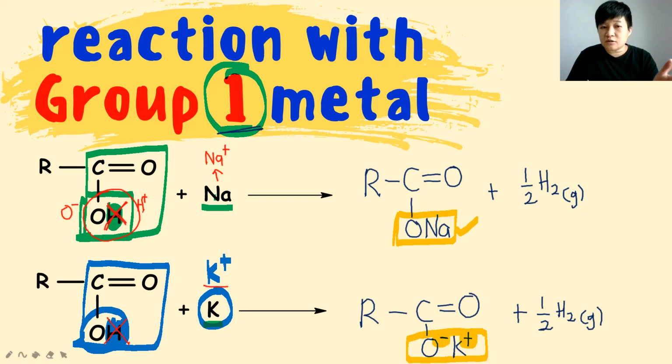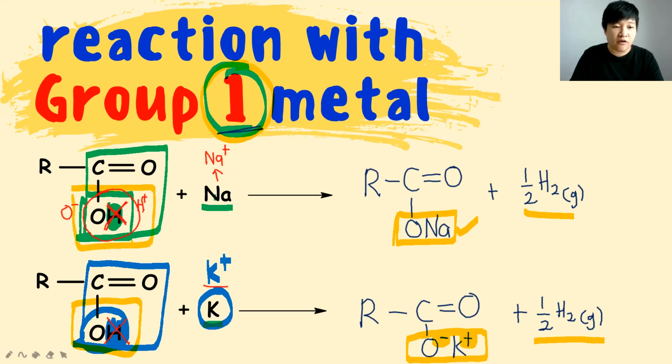But if you decided to put in the charge, then both negative and positive must be there to balance off each other. The byproduct must be there if the question asking for chemical equation. And that is the reaction of your group 1 metal with your carboxylic acid. Only focus towards the OH group. And in more specific, we only focus on the hydrogen. Okay? Simple. Let's try an example of this.